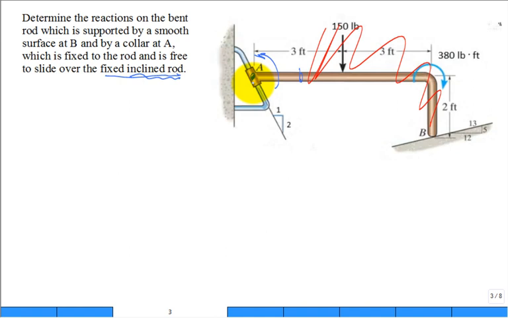It would develop a non-zero moment at that point to react to the intended rotation, because if you grabbed it out here and started lifting up, it would want to rotate, but we are not having motion in this class. That's the next class, dynamics with acceleration. So it would develop a non-zero moment reaction at A, to hold it in place, to not allow it to rotate up.